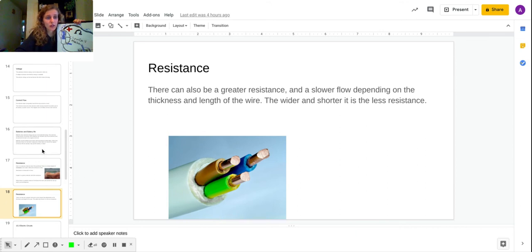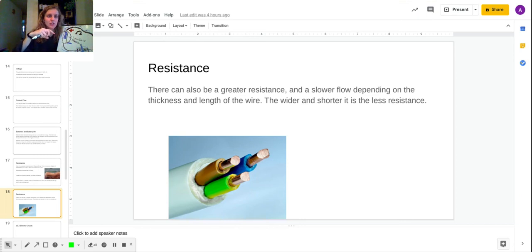Resistance is dependent not only on the material, but also on the length and the thickness of a wire. Let's say you're racing. If you run the 100-meter dash, you're going to get kind of warm and sweaty, and out of breath, right?